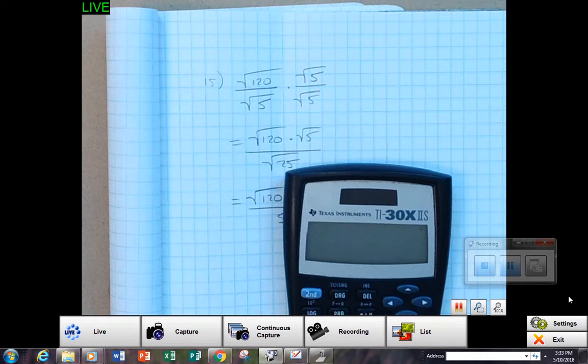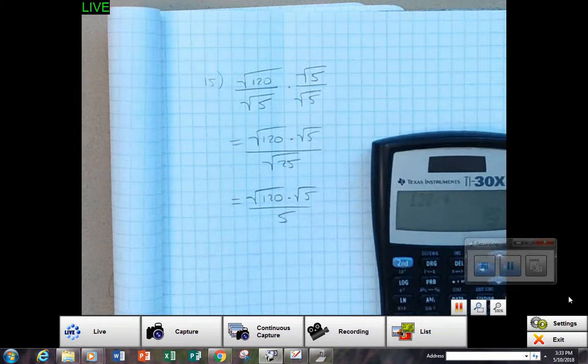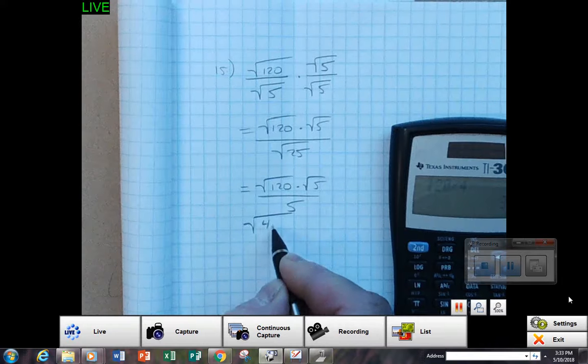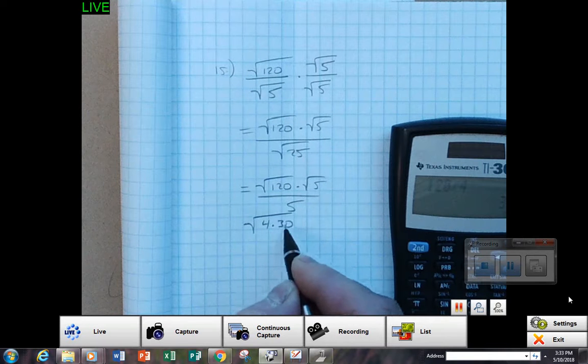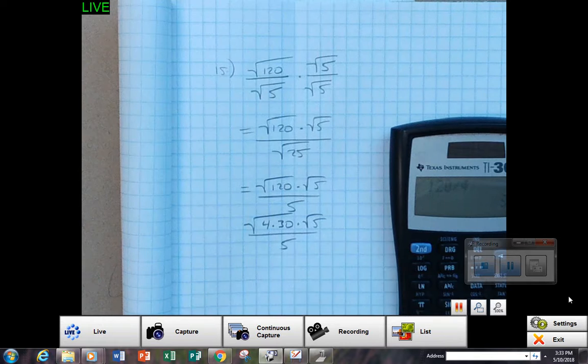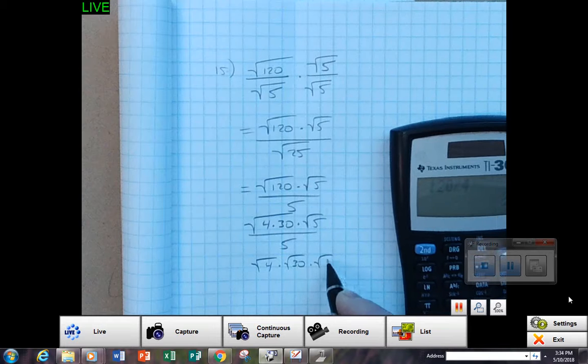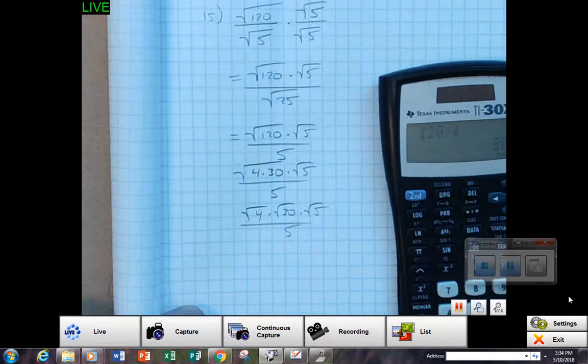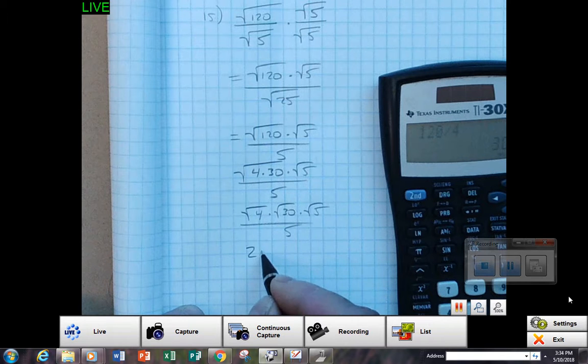So it's going to be 120 divided by 4. It's 4 times 30. So what happens is I get 4 times 30, and then that root 4 and root 30 and root 5 over 5 gives me 2 times the square root of 150.